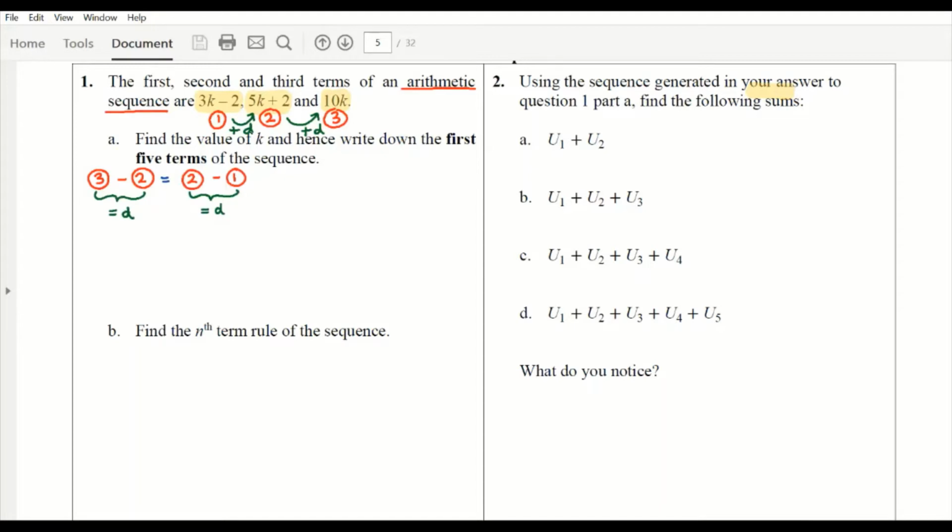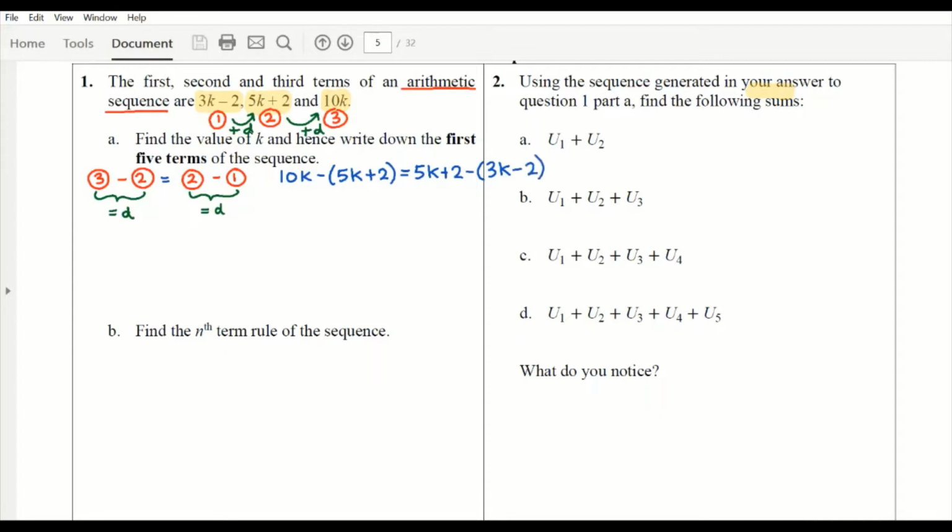So let's do it. If I take term number 3, which is 10k, and then subtract the second term, I've got to be careful here, I'm subtracting the whole of the second term, so I'm going to use brackets. That must be the same as taking the second term and subtracting the first term, 3k subtract 2.